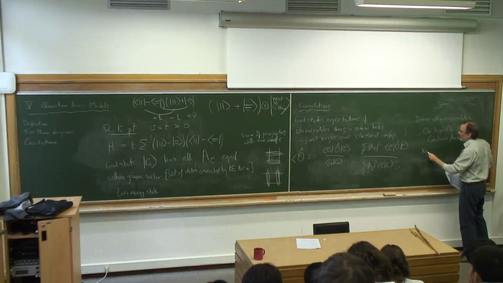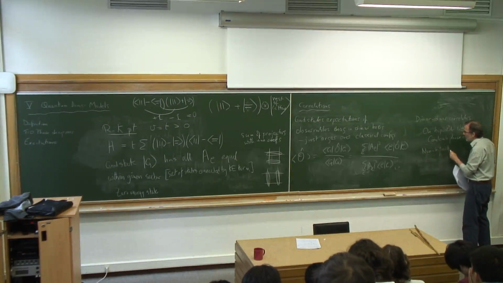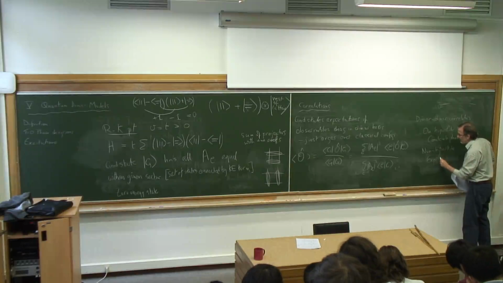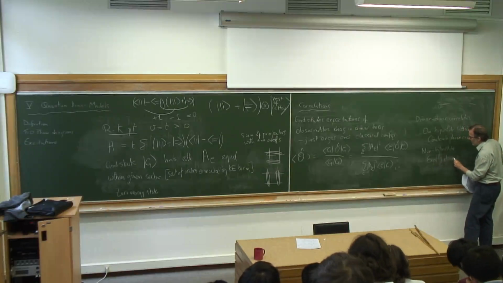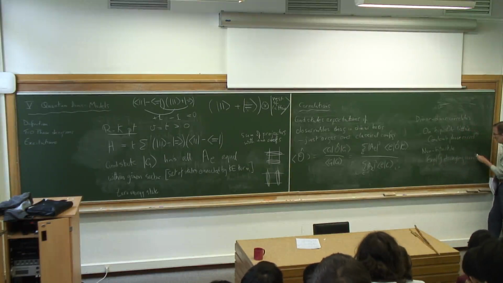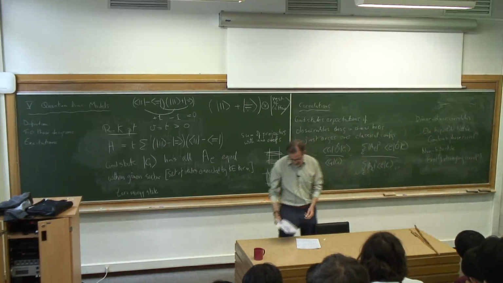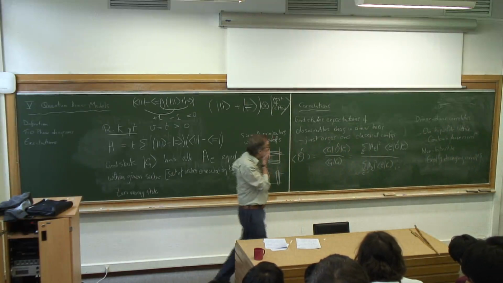And on a non-bipartite lattice, they have exponentially decaying correlations. Which again is something we know from the classical dimer problem.